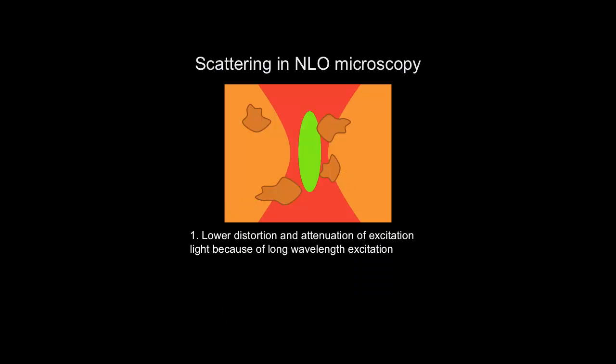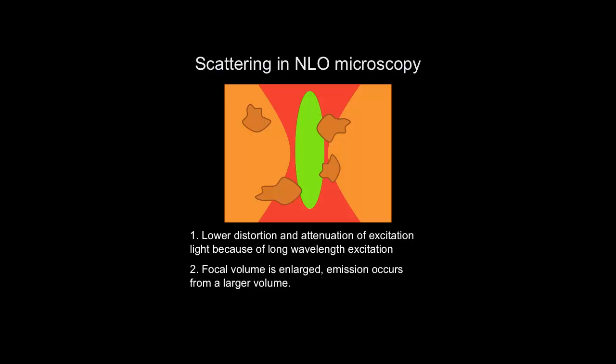In nonlinear microscopy, we have a lower distortion and attenuation of the excitation light because of the long wavelength excitation. The focal volume eventually gets enlarged, although the distortion is lower as the light propagates into the tissue.